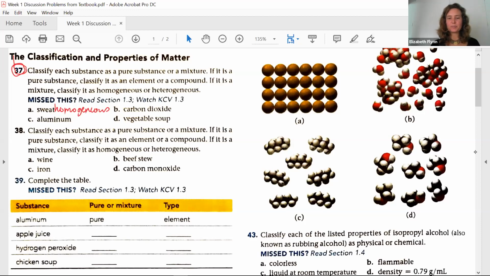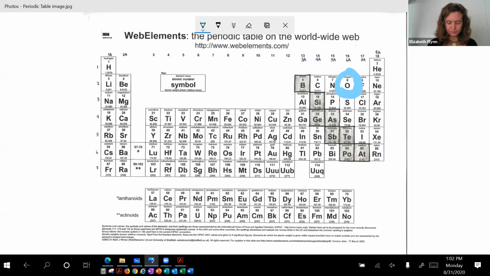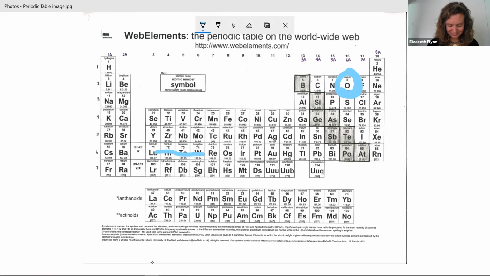What about aluminum? We can go to the periodic table and see that aluminum is right here on the periodic table.